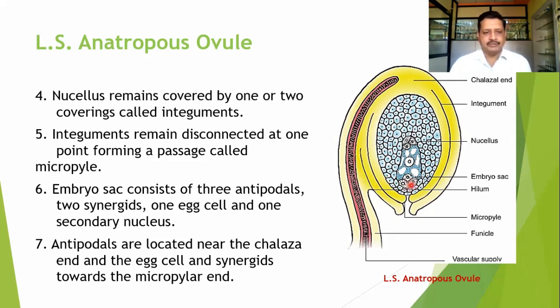The antipodals are located near the chalazal end, and the egg cell and synergids are towards the micropylar end. Here is the embryo sac, where you can find 1 egg cell and 2 synergids, whereas at the chalazal end we find the antipodal cells.